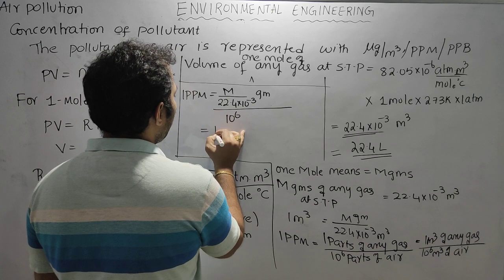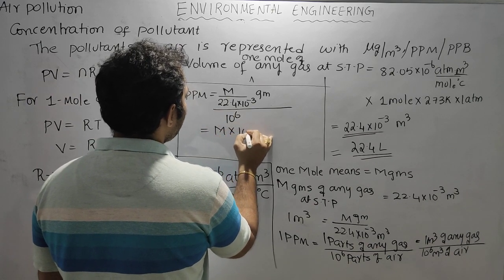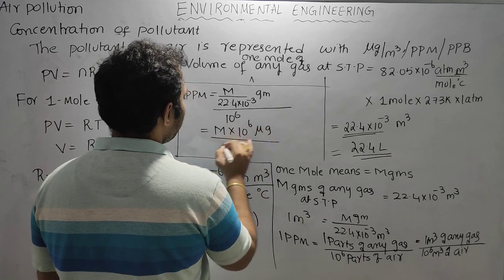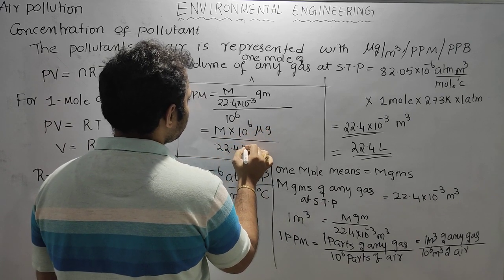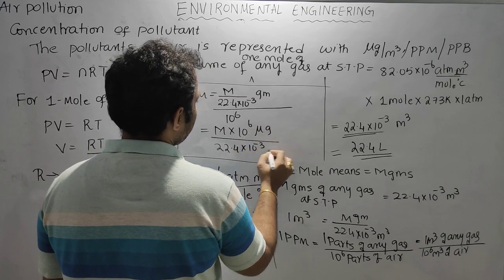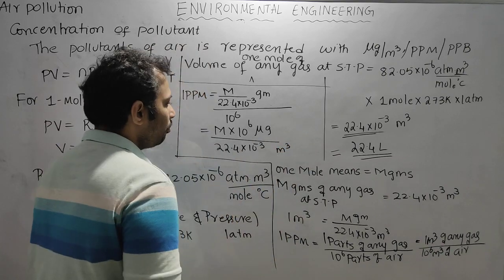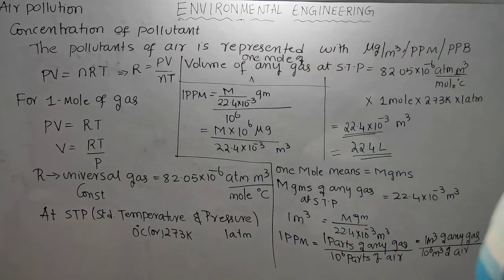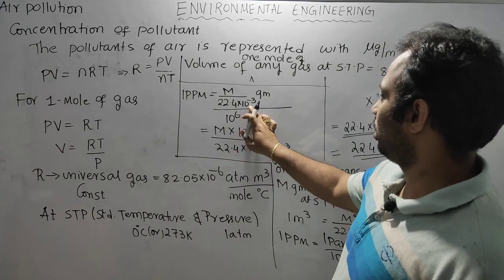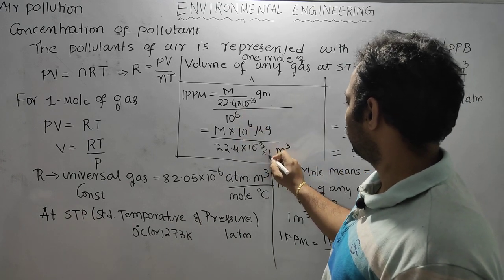So it is equal to m into 10 to the power of 6 microgram by 22.4 into 10 to the power of minus 3 meter cube into 10 to the power of 6.